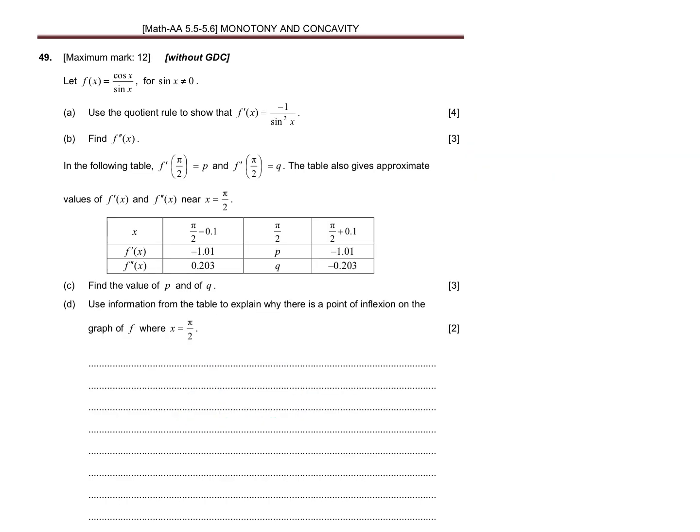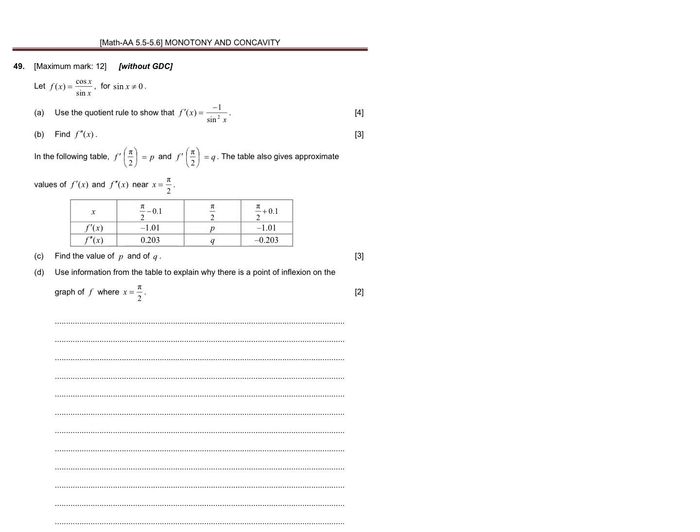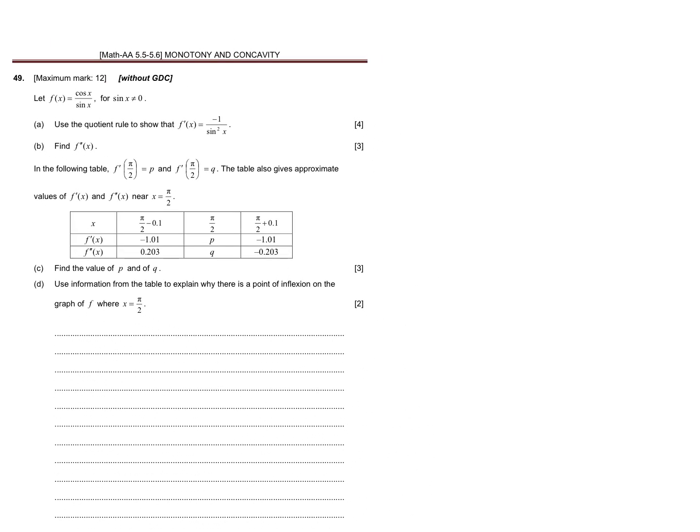All right, we have to use the quotient rule here to find the derivative. So we're going to have sine squared on the bottom, so v squared, and then we have sine times the derivative of cosine, which is negative sine, and then minus u times the derivative of v.